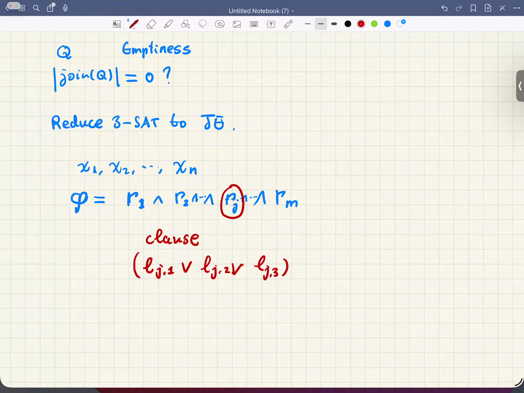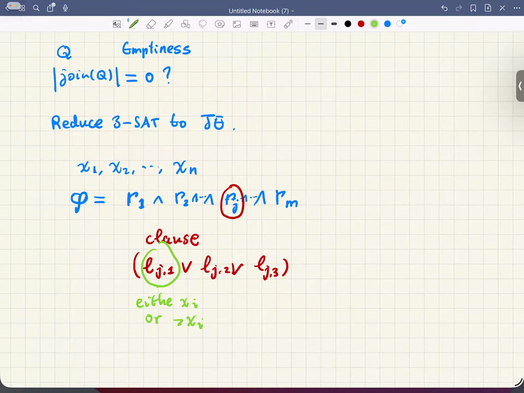So I still owe you the definition of L j1, L j2, L j3. Each one of them is in the form of either xi or negation of xi for some i from 1 to n.